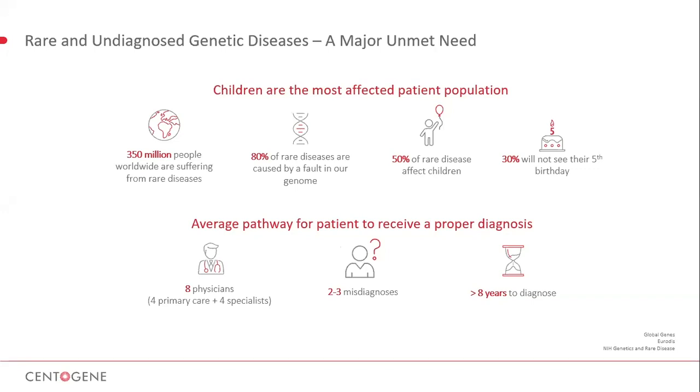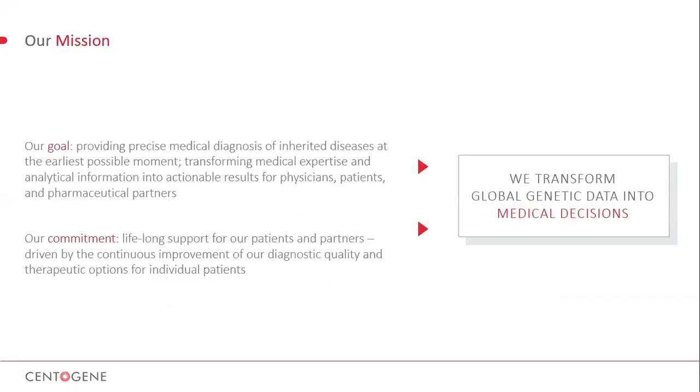The evaluation of these patients takes on average passing through 8 different physicians or suffering from the misdiagnosis of 2-3 different diagnoses before reaching the definitive one, and this whole process takes about 8 years in total, which can also be understood as 8 years of missed opportunity for an adequate treatment.